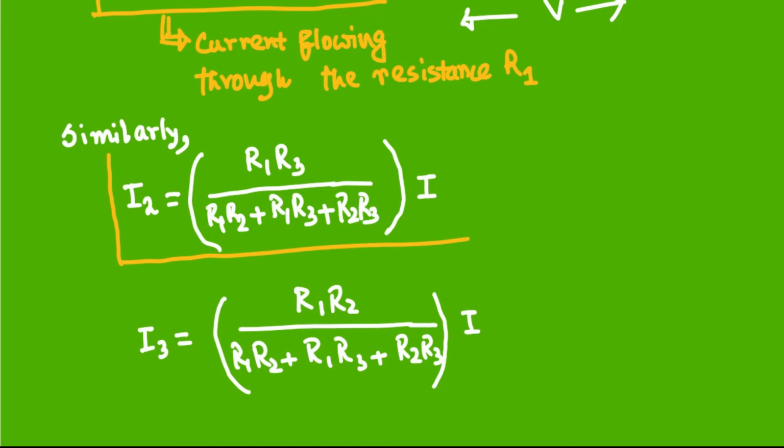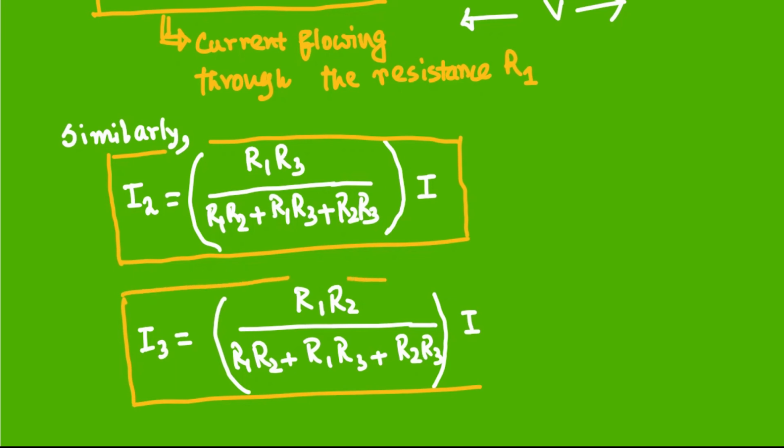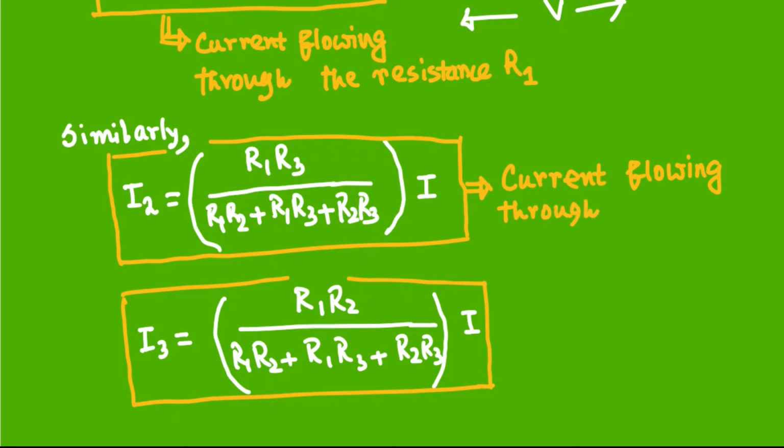I2 equals R1 R3 whole divided by R1 R2 plus R1 R3 plus R2 R3 into I, and I3 equals R1 R2 divided by R1 R2 plus R1 R3 plus R2 R3, bracket closed, into I. Now this is I2, which is R1 R3 divided by R1 R2 plus R1 R3 plus R2 R3 into I. That is the current flowing through the resistance R2.